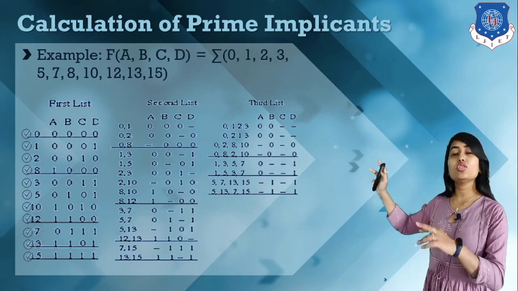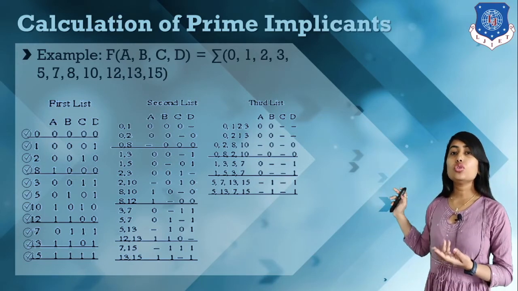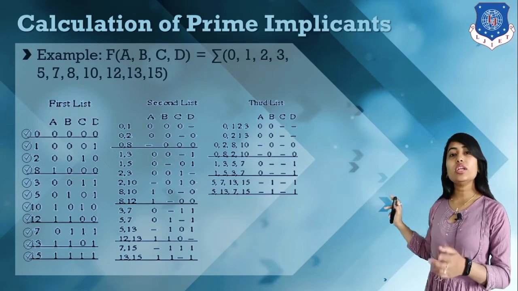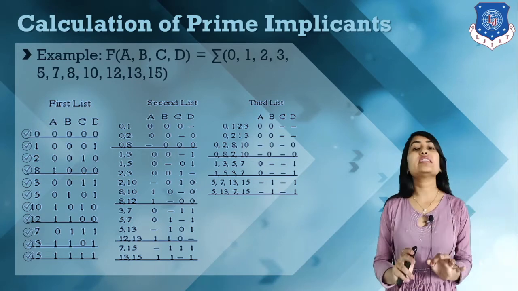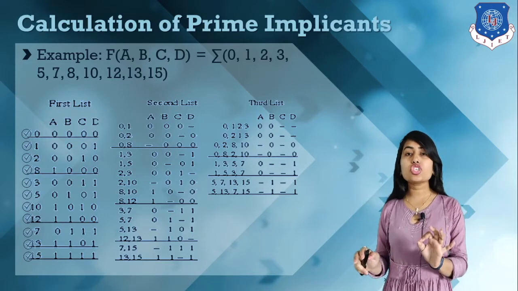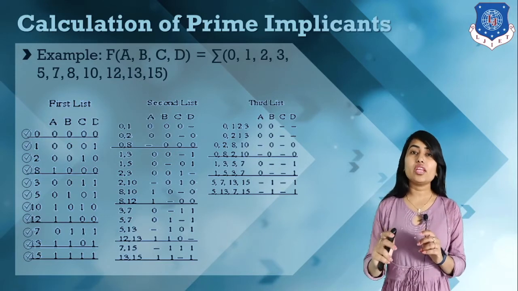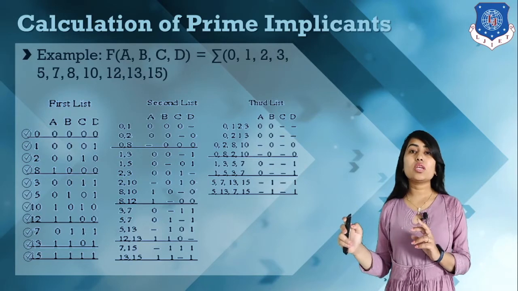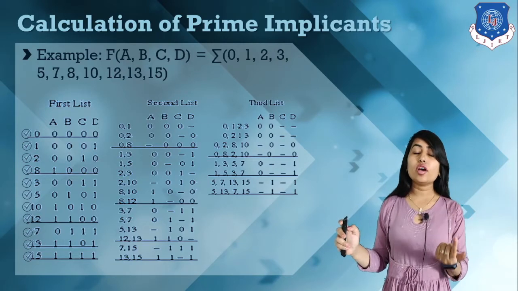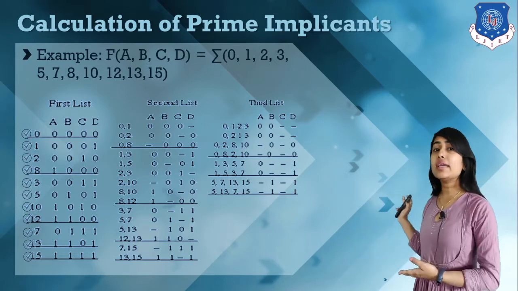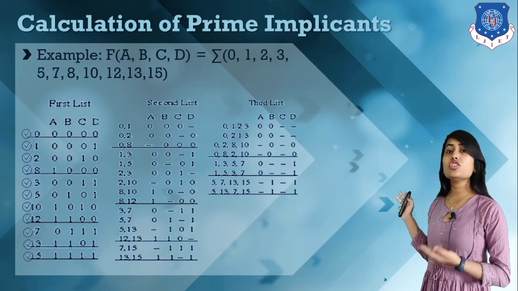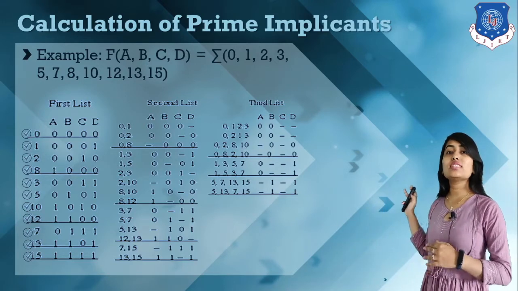If we compare, all bits are equal and only one bit is changed. The dash must also match; it is necessary to match the dash position, then check the remaining bits. If all the remaining bits are the same and one bit differs, we can combine those numbers. So 0 1 2 3 is written like this.